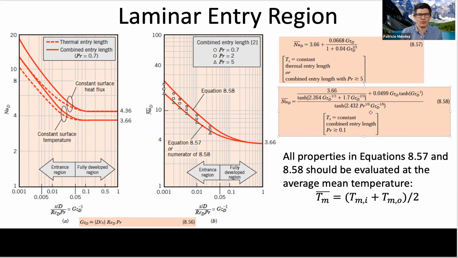Anyway, now we know how to calculate. To calculate the convection coefficient in a pipe, like in a heat exchanger, we need the Nusselt. If it is laminar flow, the Nusselt is more or less 4, depending on the boundary condition, a little bit more than 4, a little bit less than 4. If it is turbulent, we have formulas.